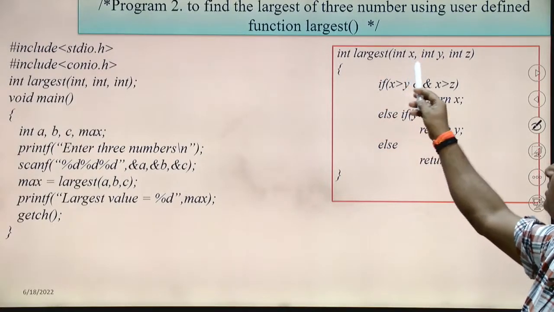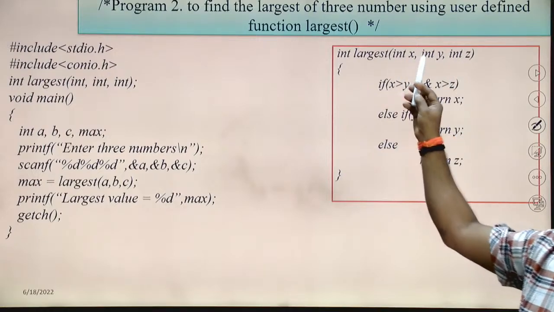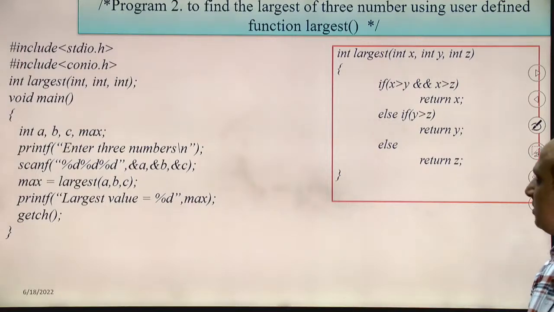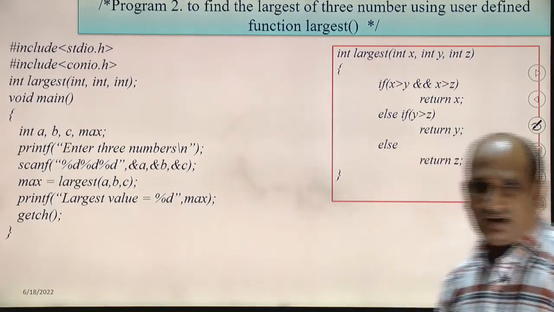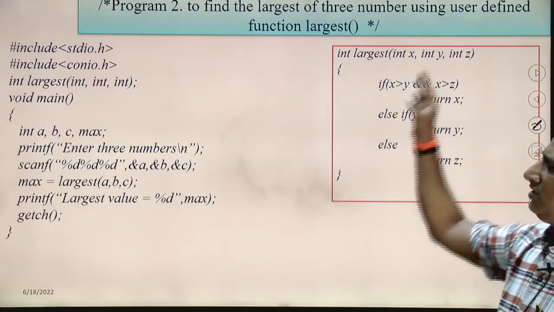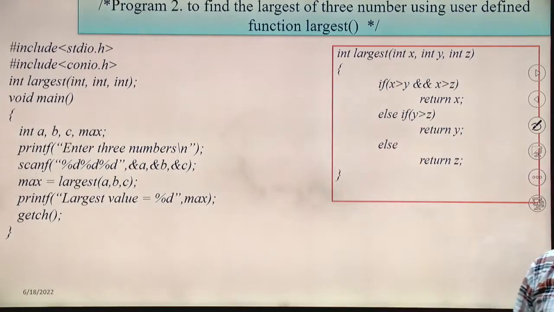The largest function has been defined. It has been passed three parameters x, y, z of integer type, and it checks which one is greater, and the greatest value is returned, and since x, y, z are of integer type, this function returns an integer type value.